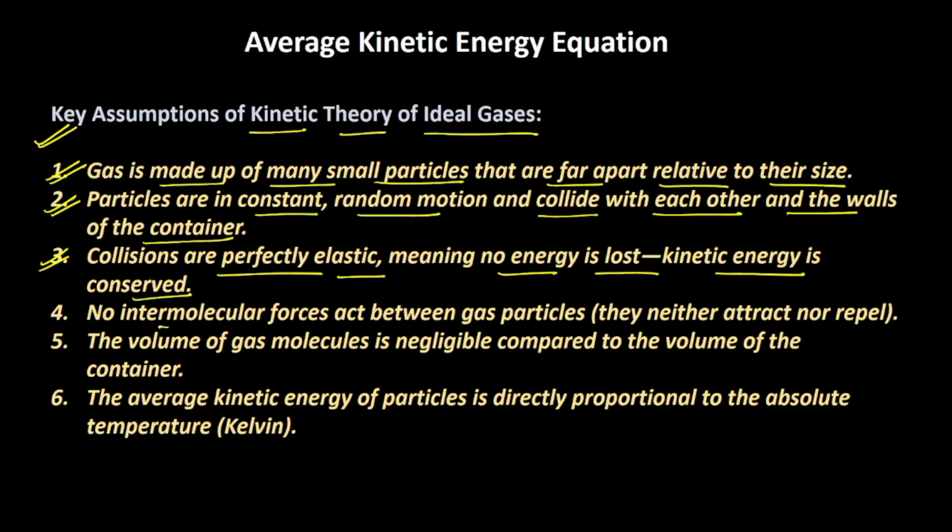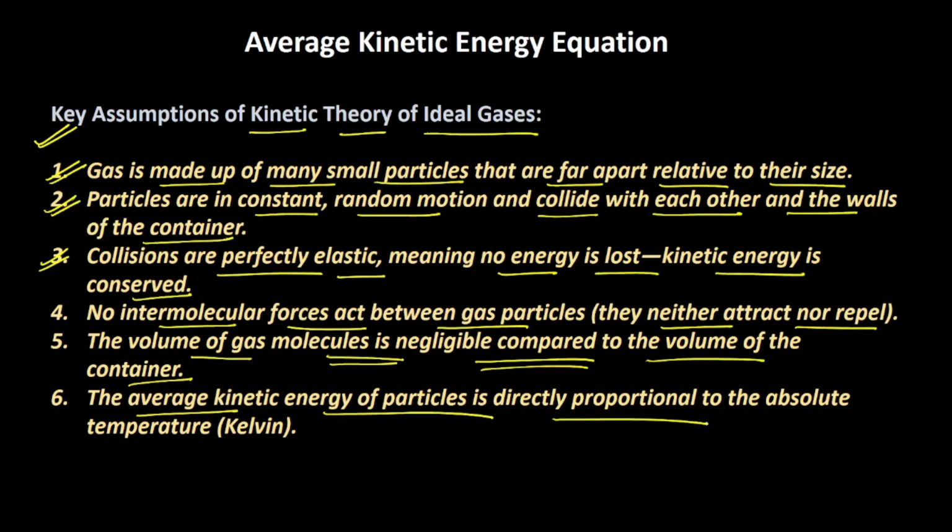The fourth is no intermolecular forces act between the gas particles, they neither attract nor repel. The fifth is the volume of the gas molecules is negligible as compared to the volume of the container. And the last assumption is the average kinetic energy of the particle is directly proportional to the absolute temperature in Kelvin. Now, based on these assumptions, we will be deriving the average kinetic energy equation.